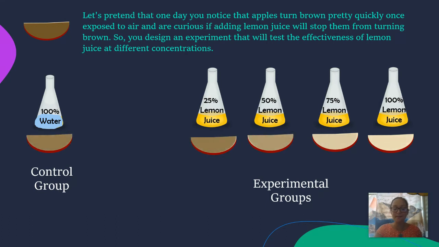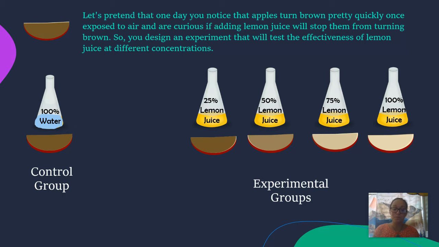So let's go ahead and see then. You do the experiment and you notice that there is actually some impact. The lemon juice does have an impact on preventing the apples from turning brown. So you do this experiment, and you're like, oh, 100% lemon juice is the most effective. Look at my apples, they didn't turn brown.